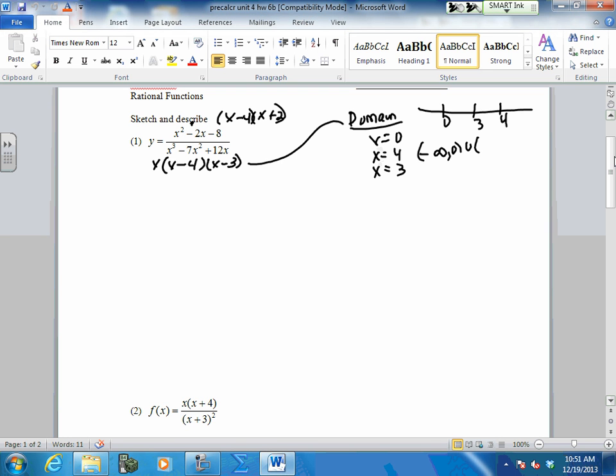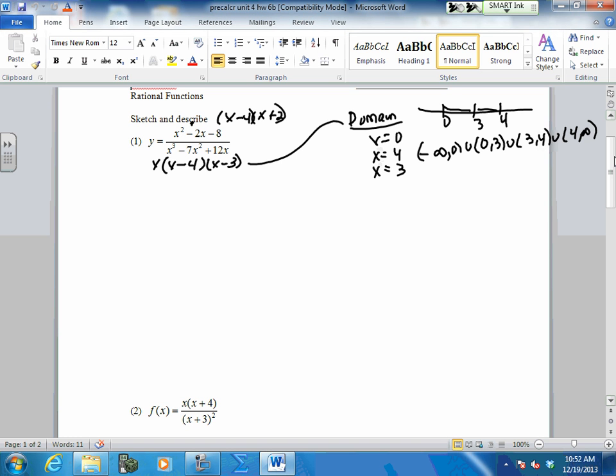Then what? 0 to 3. Then what? Good. 3 to 4. Then what? 4 to infinity. That's a lot of intervals. So we had to jump over all those parts.